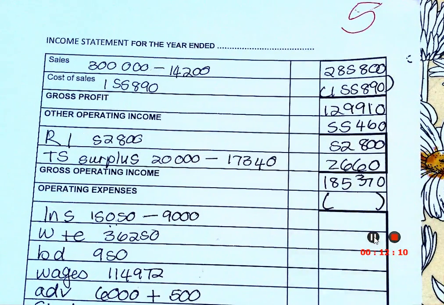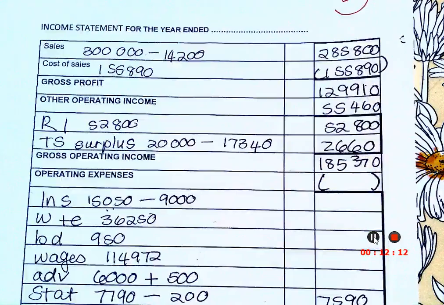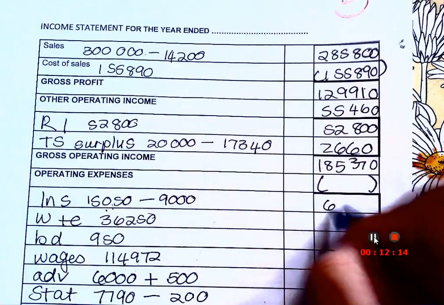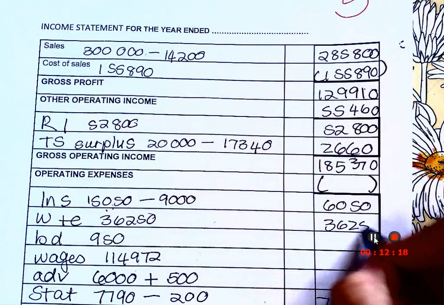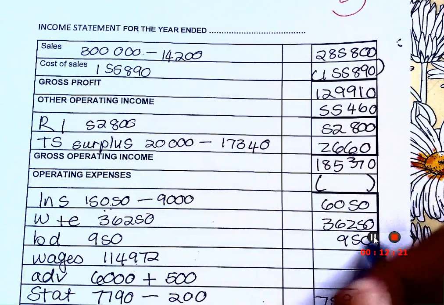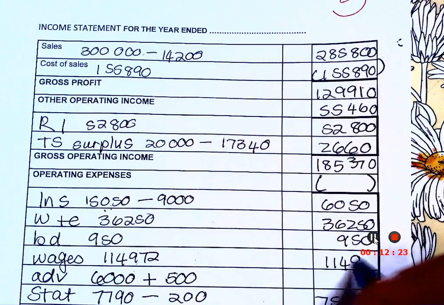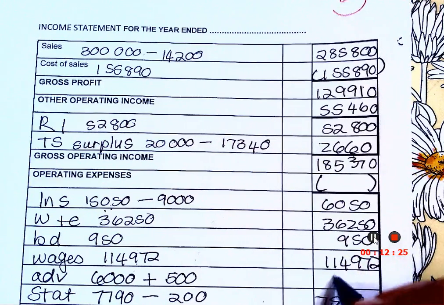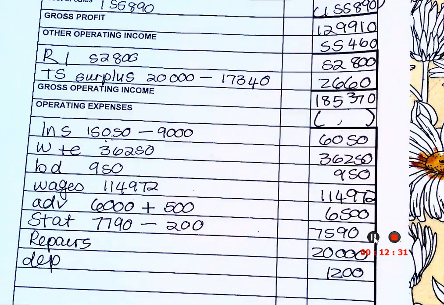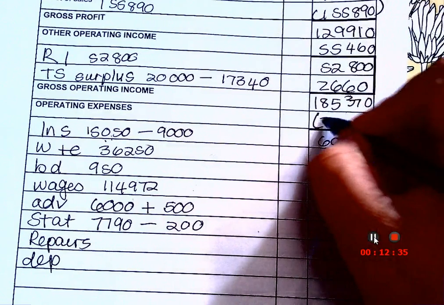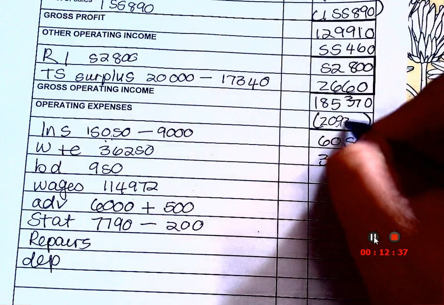So now, insurance is going to be 60/50. Water, electricity, bad debt, wages, advertising. And if I block and top this, it gives me 209,352. So I'm going to have a loss again.